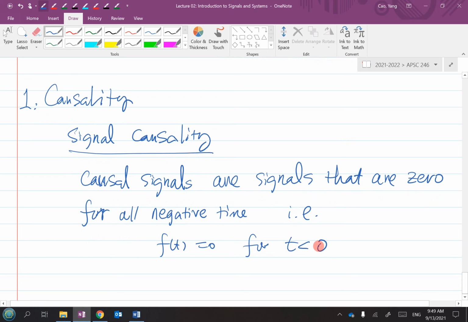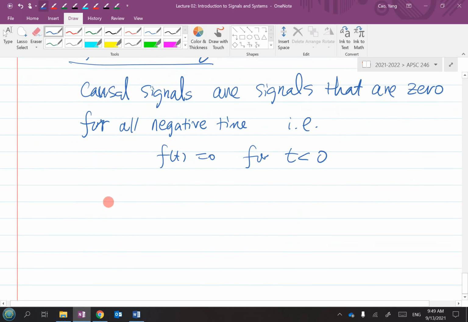So if I draw a signal here, f of t, do you think this is a causal or non-causal signal? Here's 0. Causal, right? So this is a causal signal.